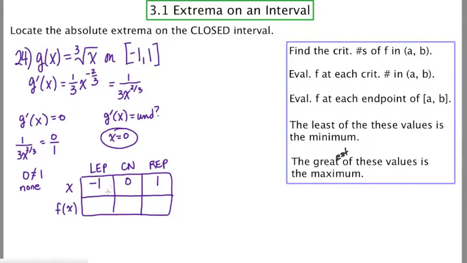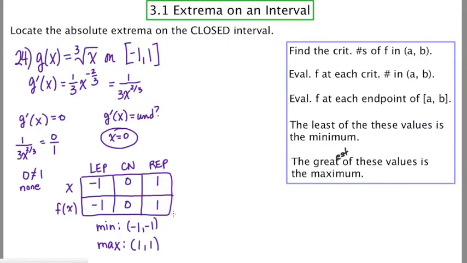So if I plug in -1 to the original, the cube root of -1 is -1, the cube root of 0 is 0, and the cube root of 1 is 1. So the lowest value is going to be -1, so we're going to have a minimum at -1, -1, and we're going to have a maximum at 1, 1. So in this case, the absolute extrema happen at the endpoints of that closed interval.